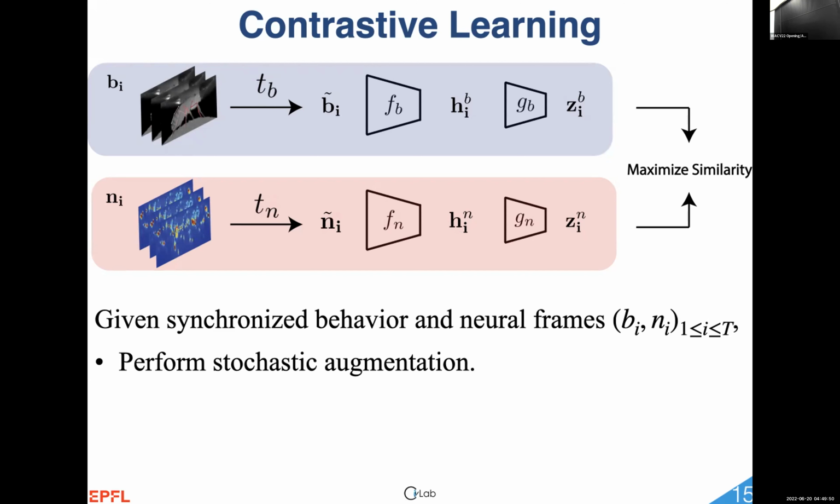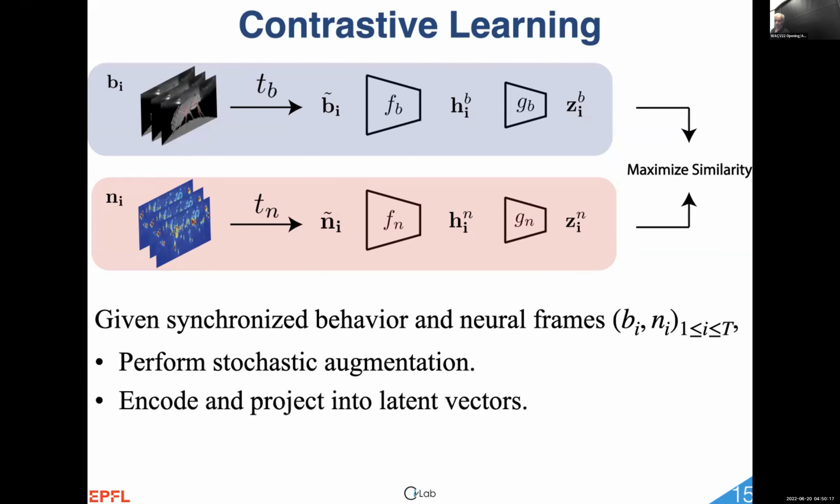And this is again relatively standard, but the key to actually making it work in this case is to do the right kind of augmentation. Because we want something that's going to ignore the identity of the fly, because we want to generalize. So we are going to find a way to make it ignore the identity of the fly.